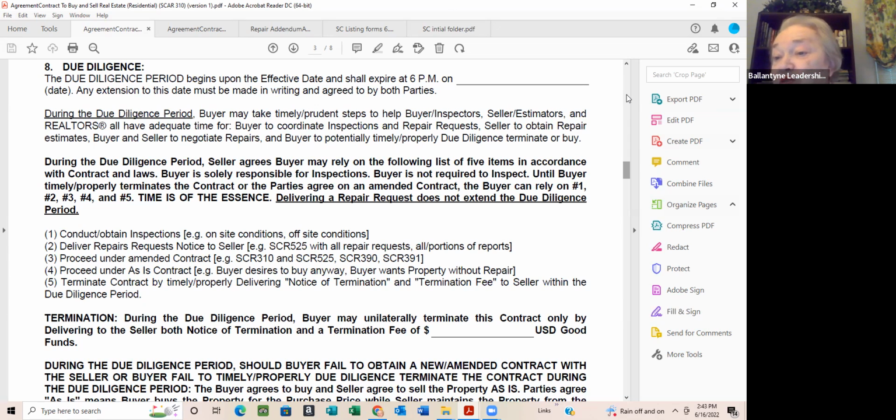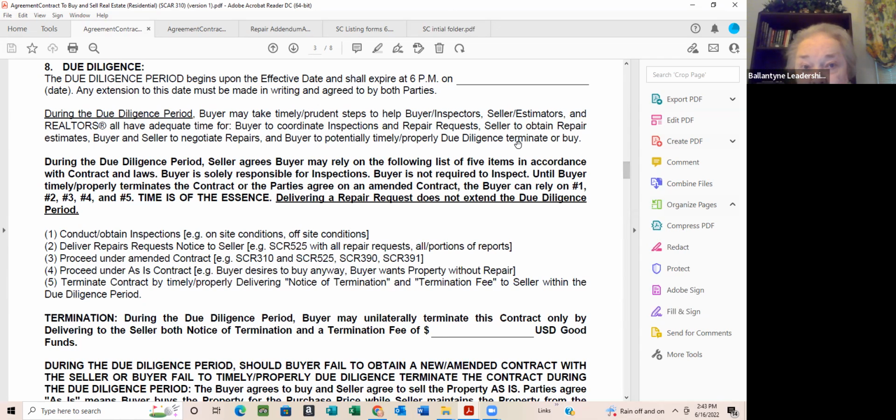However, there are 3 other contingencies in the South Carolina contract, and you must make your seller aware of this. Not only do they have the option under the due diligence to terminate for any or no reason within a certain date and within a certain time.